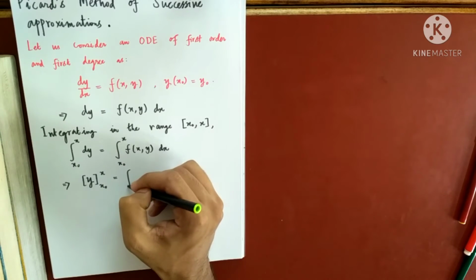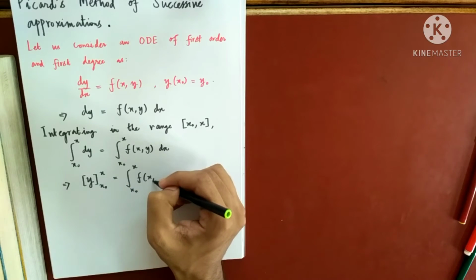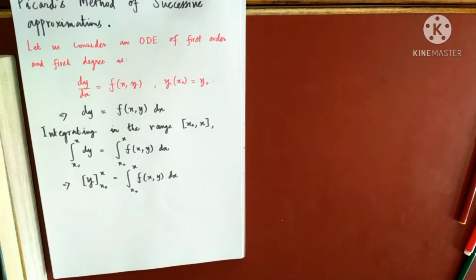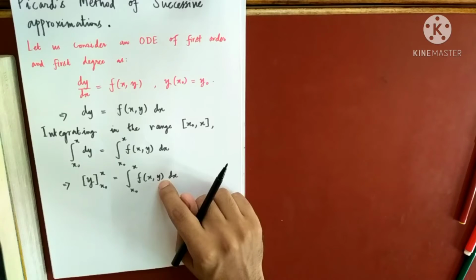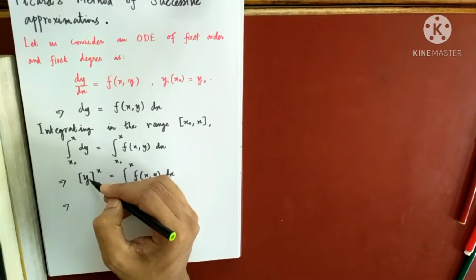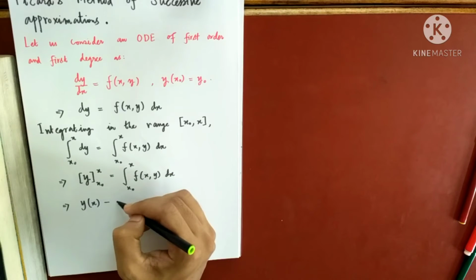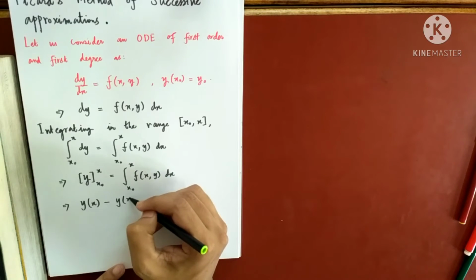So what I have, I cannot integrate this because this contains y, keep that in mind. I am integrating with respect to x, but this also contains y, so I cannot integrate now. So this is nothing but y at the point x minus y at the point x naught, right? Upper limit minus lower limit.